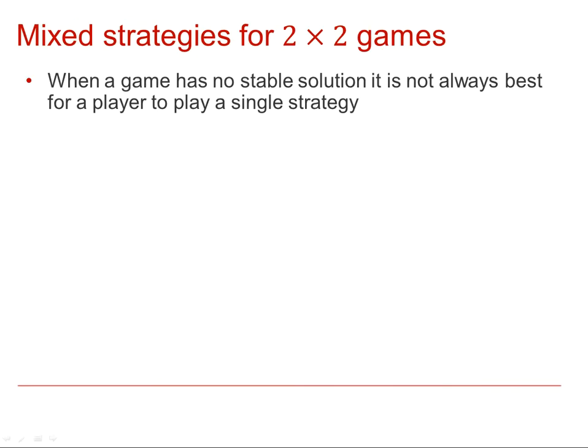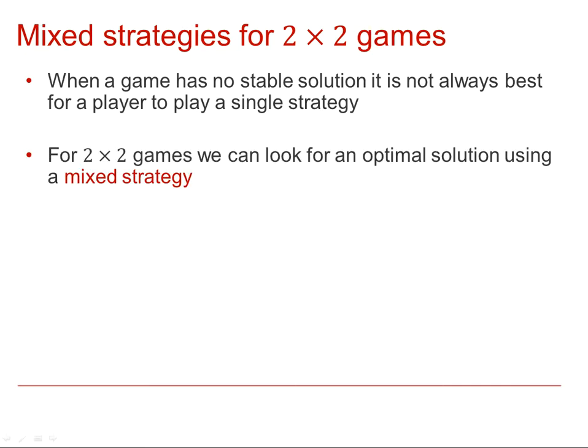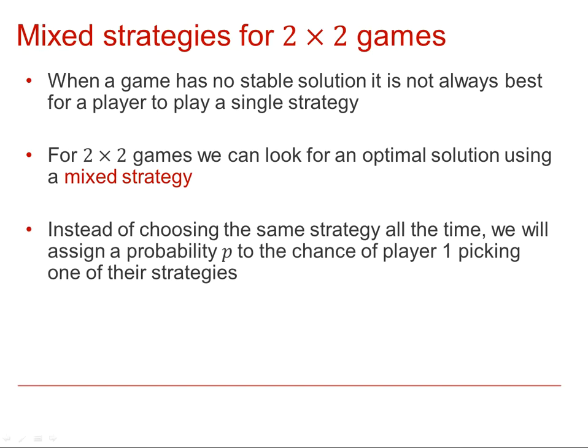So if we're in a situation where there's no stable solution, then the players need to consider their other options. For a 2x2 game, we can look for an optimal mixed strategy by considering probabilities. Let one of the players choose their first option with probability p and their second option with probability 1 minus p.